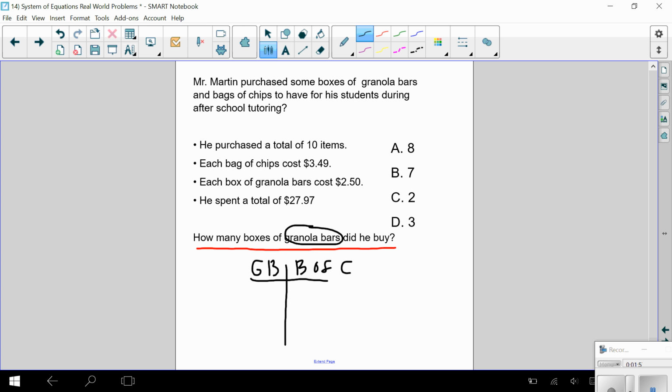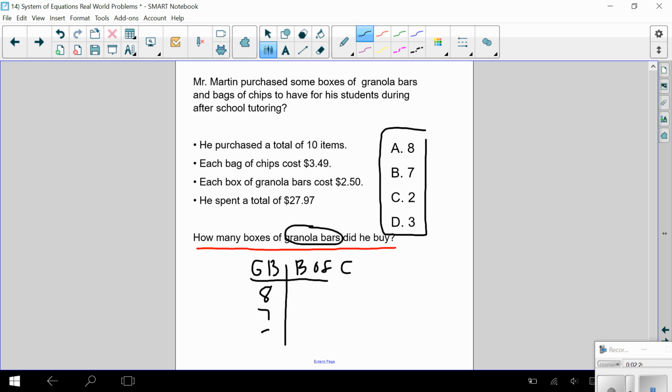So the granola bars go in the X, bags of chips go in the Y. We have two unknowns. We know by using our logic that one of these answers is going to be the number of granola bars he buys. So we're going to explore only those four answers.